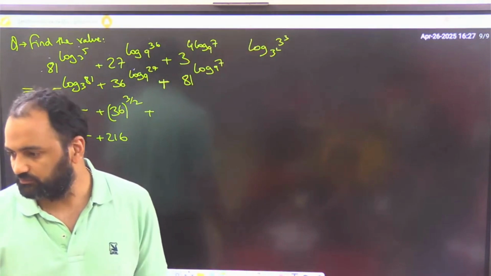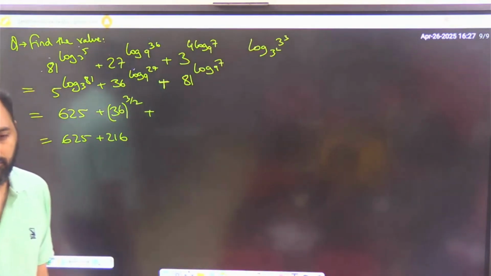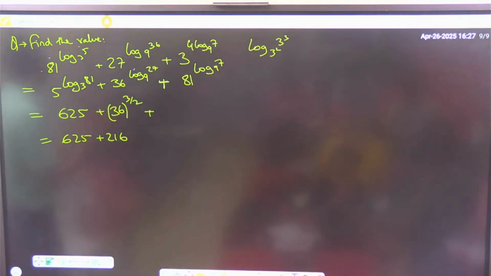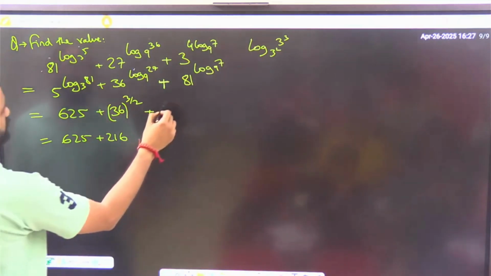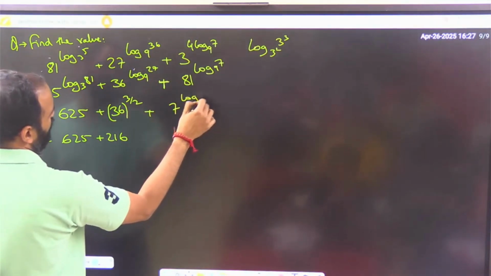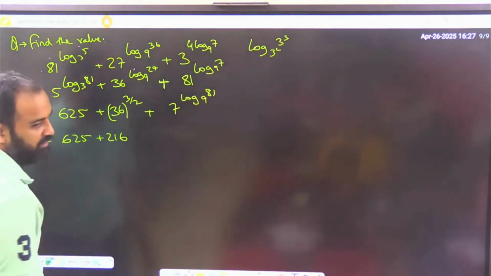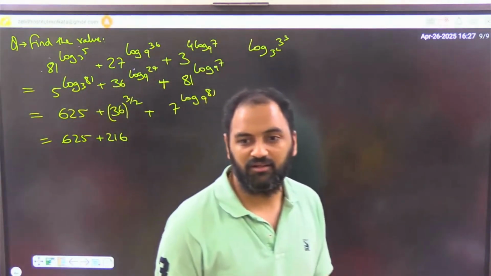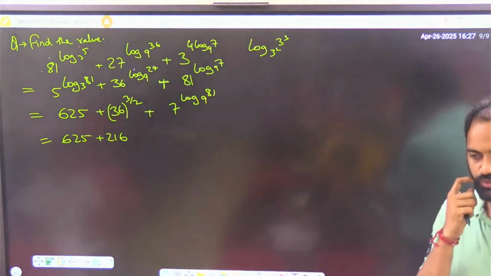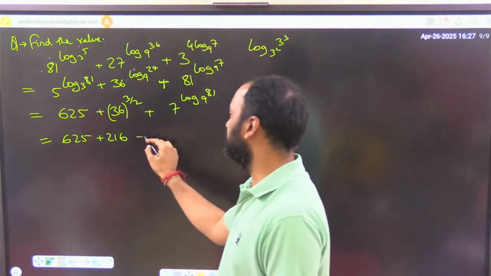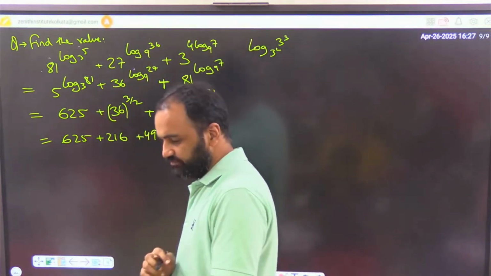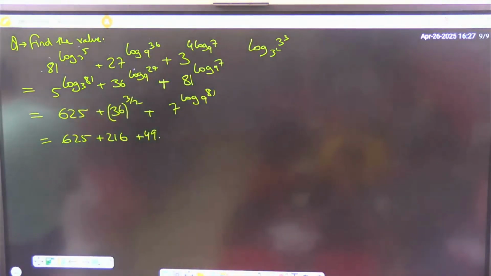Now what should we do next? Obviously, interchange. So we get this as 7 to the power log 81 to the base 9. Now log 81 to the base 9 is 2. So 7 square, 49. I think you should get the answer as 890.